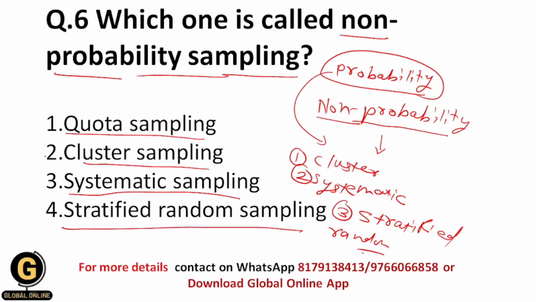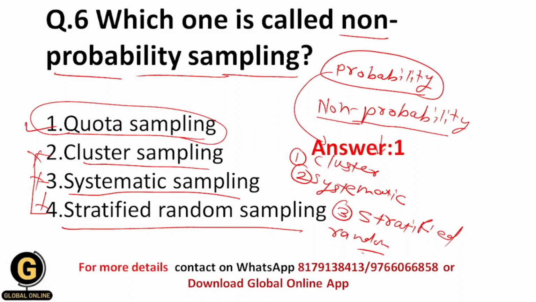As we have seen, these three are the types of probability sampling, so these three are eliminated. The correct answer is quota sampling, because here they have asked which one is called non-probability sampling. So the correct answer is 1.